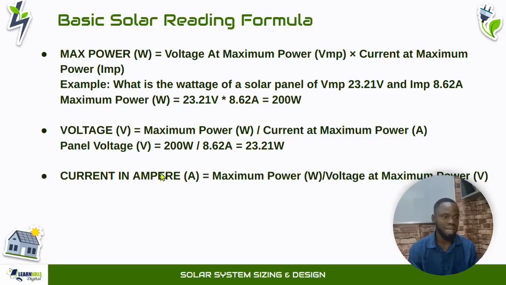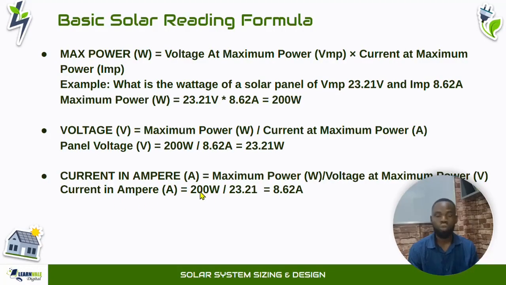If you want to get the current of the solar panel, you take your maximum power, which is the wattage, and divide it by the voltage at maximum. For example, 200 watts divided by 23.21 volts, and you'll be able to get the amp current.